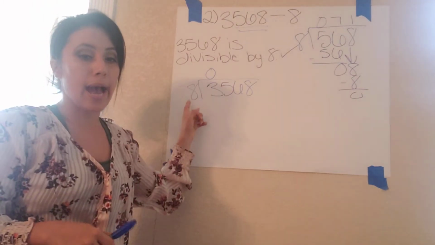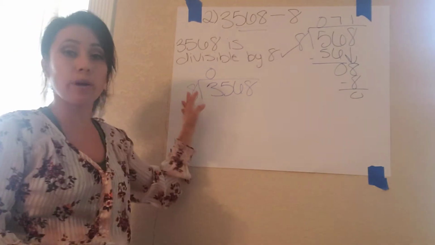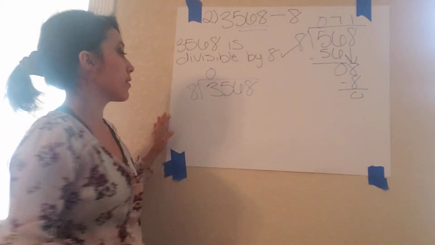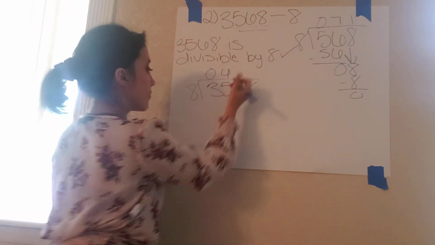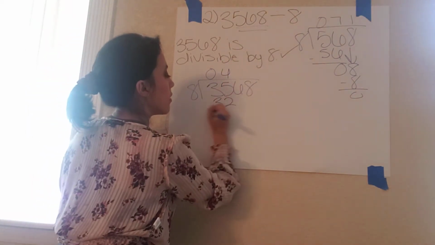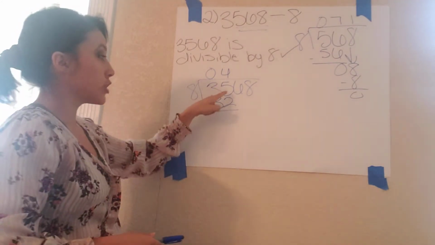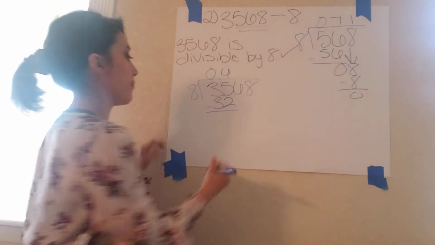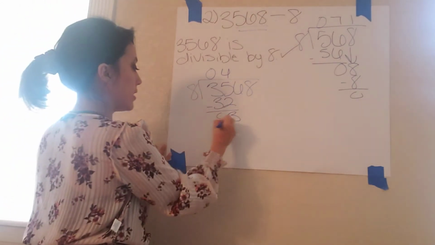And what is 8 times what number equals 35? We know that 8 times 4 equals 32, and 32 is the closest number that we can get to 35. So 5 minus 2 is 3. 3 minus 3 is 0.